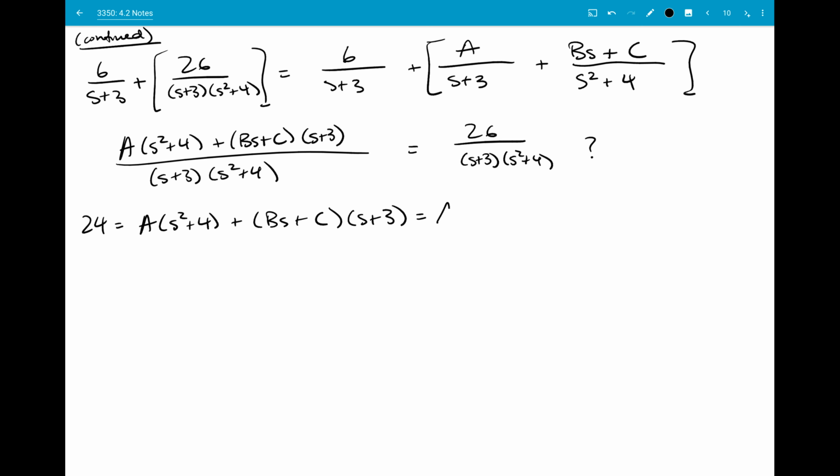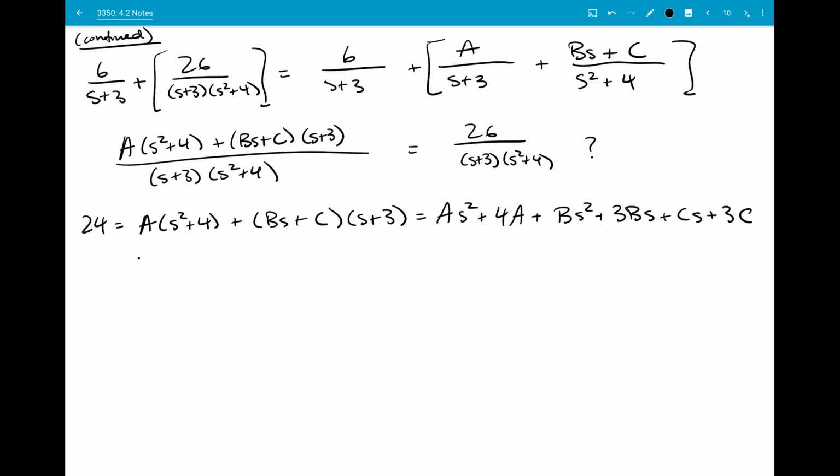So that's As squared plus A times 4, so I'll do 4A, plus Bs squared plus 3Bs plus Cs plus 3C, just multiplying everything through.